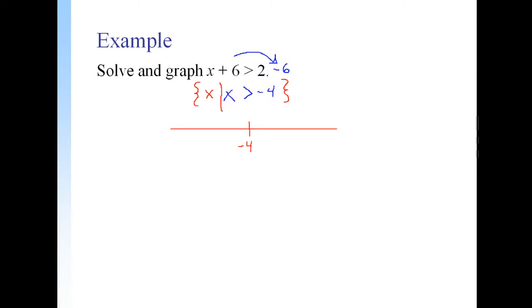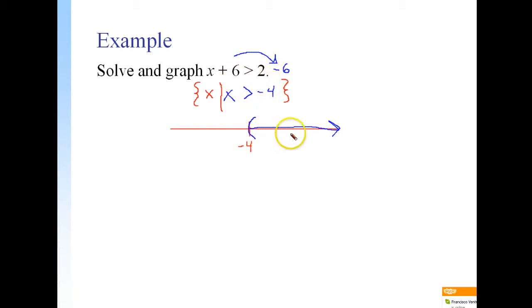So now you think of what kind of symbol we are going to use. Well, when it's only inequality and there's no equal, it's going to be a parenthesis. And since it's greater, it goes in this direction. And there's the graph now of this inequality.